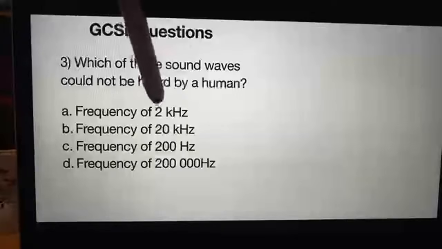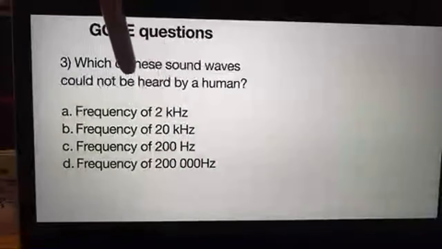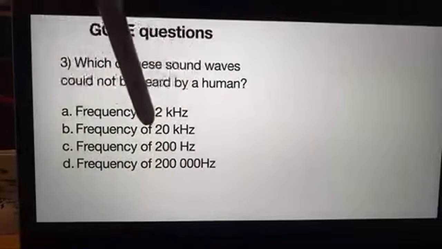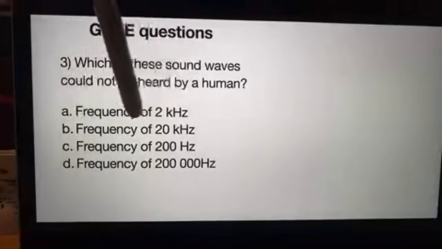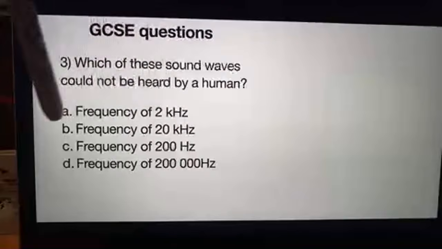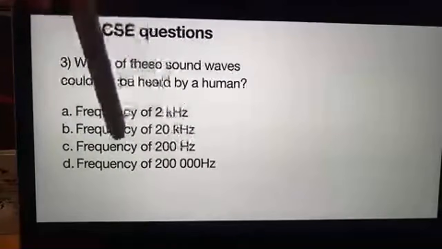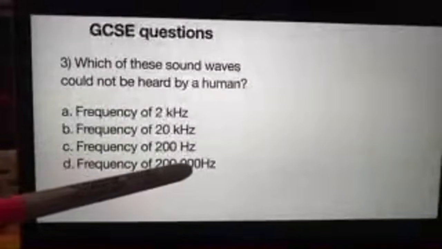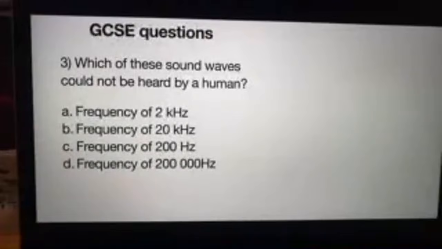So 2 kilohertz is 2,000 hertz. 2,000 is between 20 and 20,000, so yes, we can hear A. 20 kilohertz is the very top range that humans can possibly hear. 200 hertz, yep, that's still within 20 and 20,000, isn't it? So it was D, it's the last one. 200,000 hertz is too many zeros. We can't hear a frequency that high.